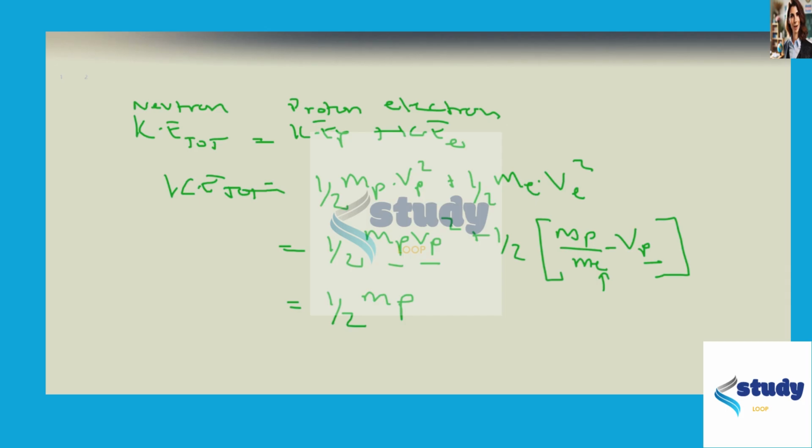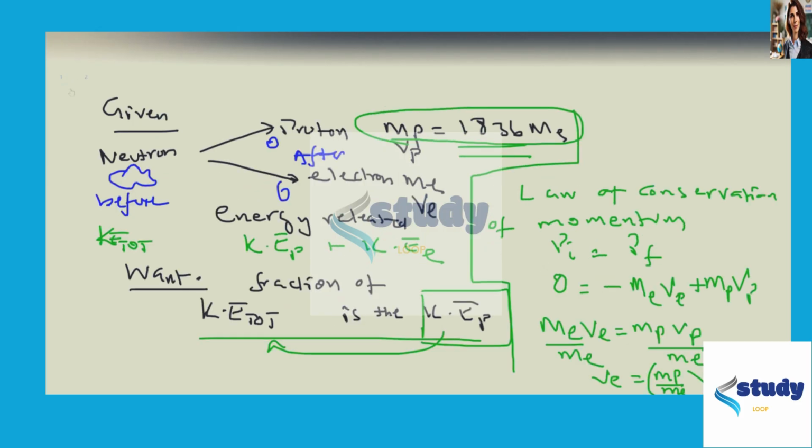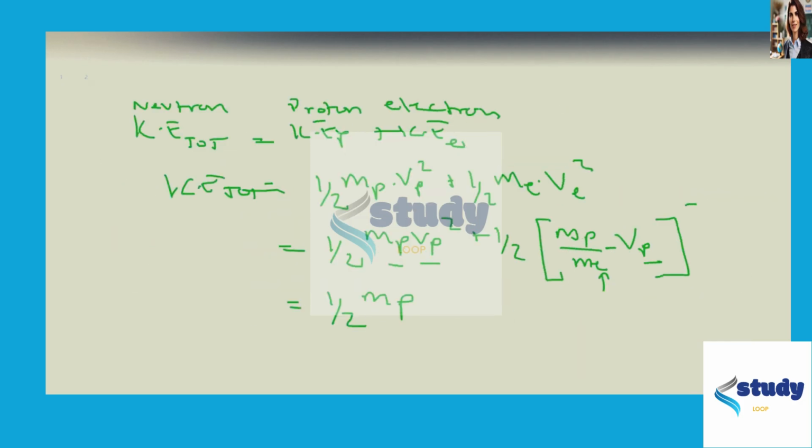Remember this velocity, the velocity of the electron. So let's go back. The velocity of the electron is this one, so we have to square that. And then we have the mass of the electron there.